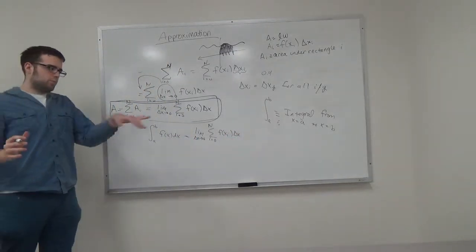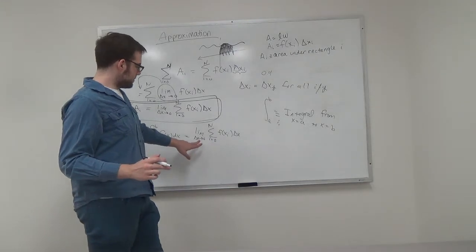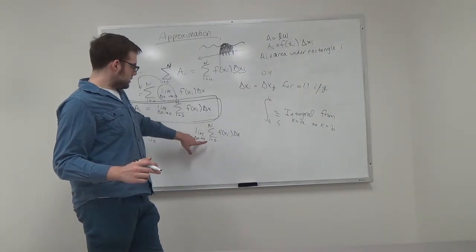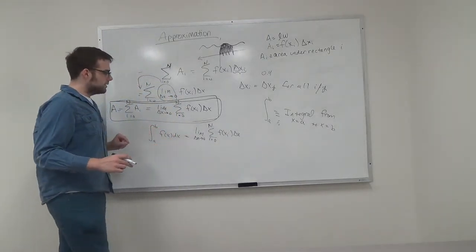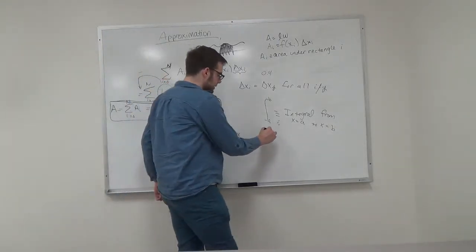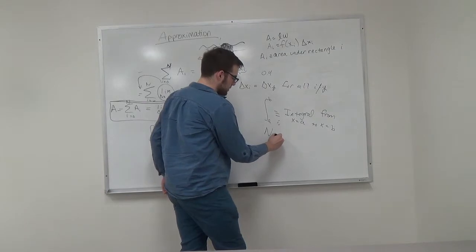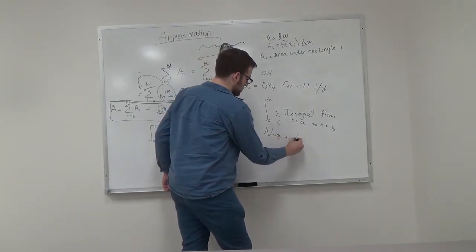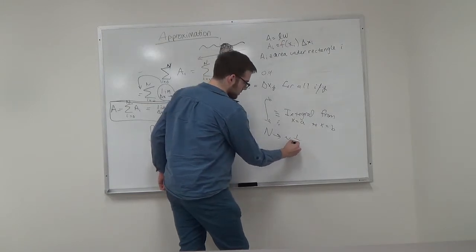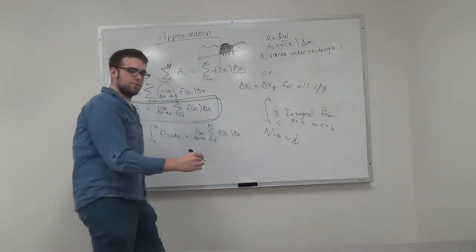Now just one more minor technicality: because we are approaching 0 with the delta x, the number n is proportional to 1 over delta x.